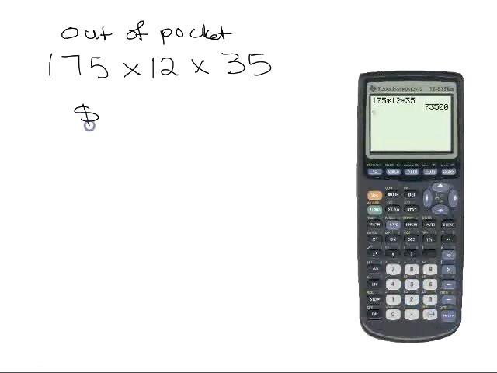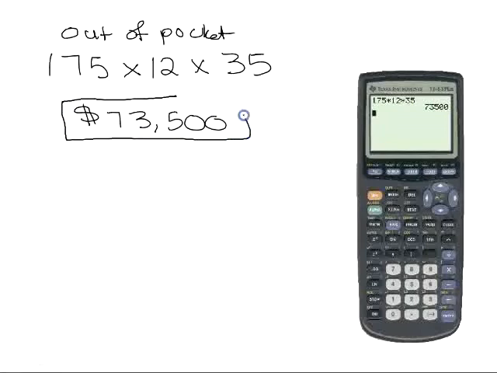Her out-of-pocket expense is $73,500, and she'll have over $400,000. That's the power of periodic investments for a long period of time and earning compound interest.